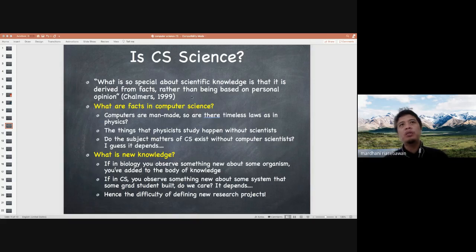We will not just discuss and then agree or disagree with this statement, but the most important thing is that scientific knowledge is derived from facts, or in the scientific way, fact finding that we gather from experience.